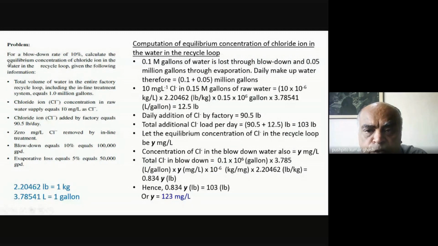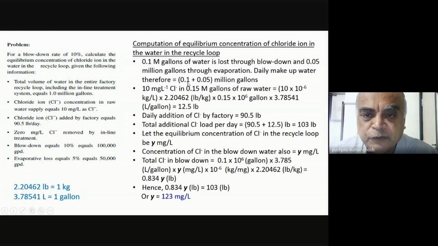So what you then do is a standard mass balance. That's what I've written over here: 0.1 million gallons through blowdown plus 0.05 million gallons which evaporate, so 0.15 million gallons. And the incoming water has 10 ppm, 10 milligram per liter of chloride.